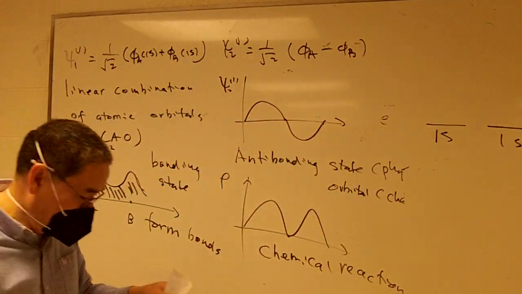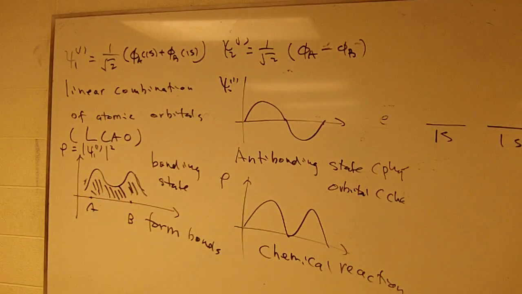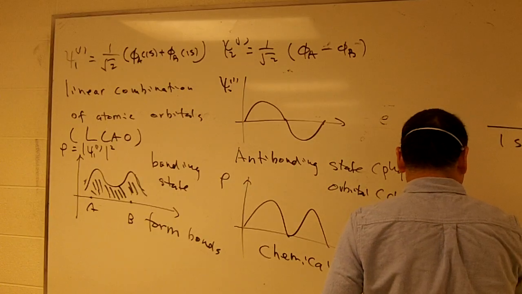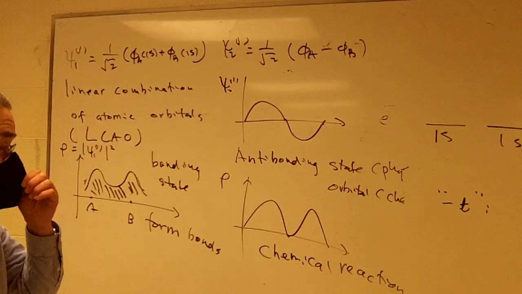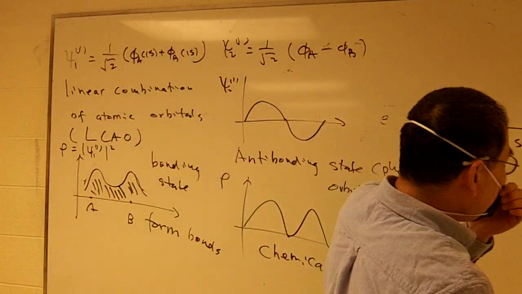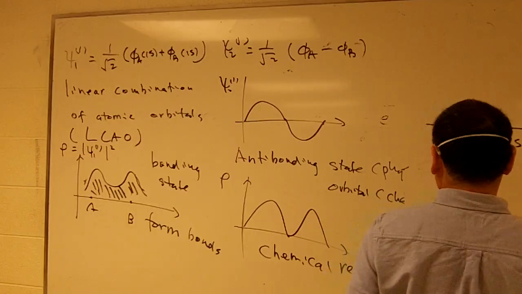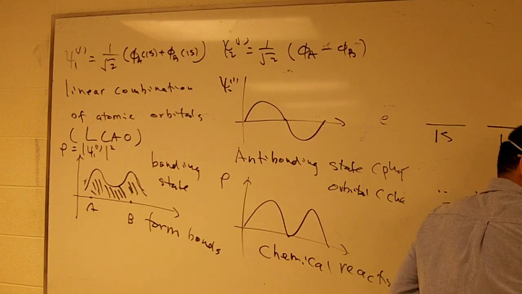That's called the antibonding state. And one thing that I did not explain: did you see I have a negative t here? So here's the reason for the negative t, and we'll ask you about this on Monday. Why do we get a negative sign here? This negative sign is coming from the potential itself.